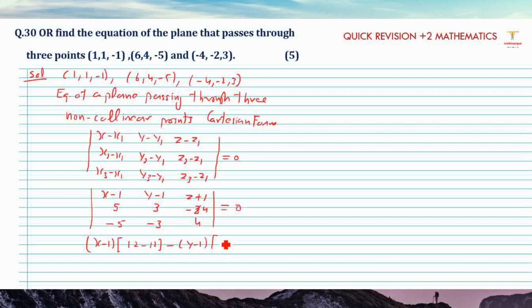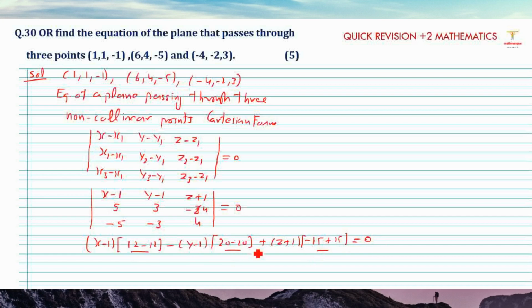Then you take the last term, z plus 1: 15 minus 15 plus 15, minus 15. So you are getting 0 here actually. Simplify it further: this is 0, this is 0, this is 0. You are getting 0 is equal to 0.